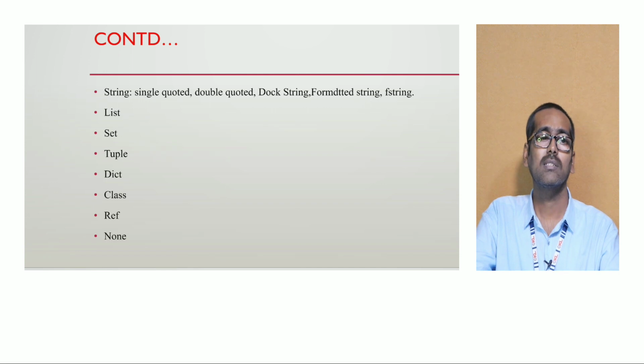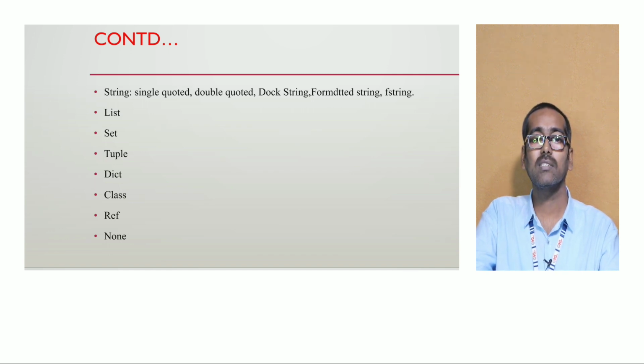One is the single quoted string and the other is the double quoted string. Double quoted is also valid, or single quoted is valid, and in general it is better to work with double quotes. Why? We will discuss in the practical session.